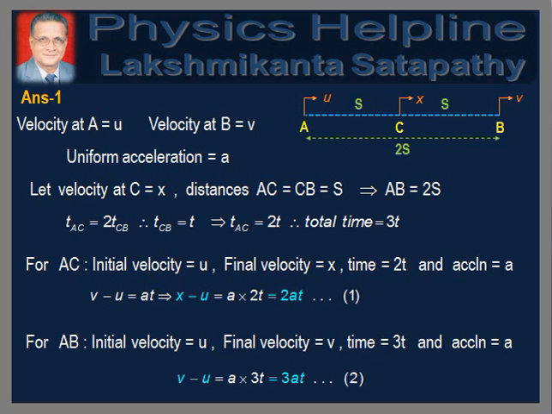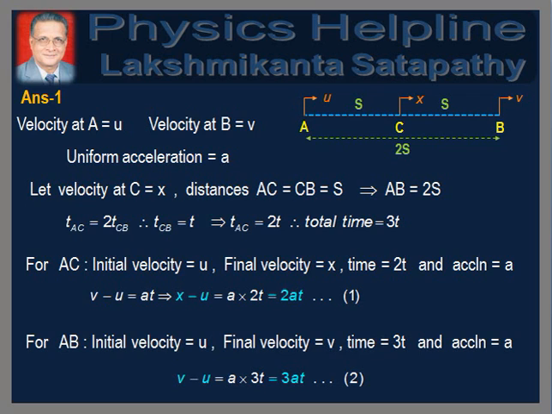Using the kinematic equation, v minus u is equal to at, we get x minus u is equal to 2at. Similarly, for the part AB, initial velocity is equal to u, final velocity is equal to v, time is equal to 3t, and acceleration is equal to a.